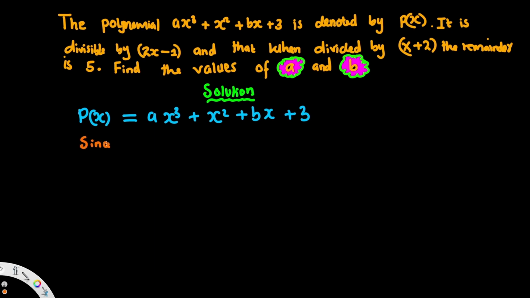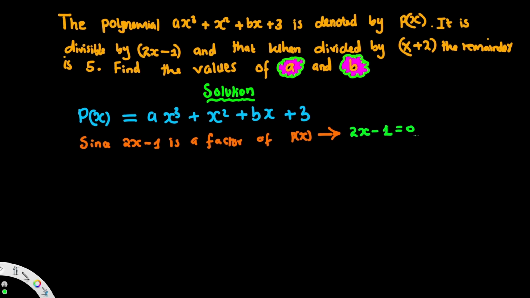So the first thing that we're going to do here, since 2x minus 1 is a factor, we are going to substitute that in p(x), but we must now find the value of x from the factor. So 2x minus 1 should be equal to 0 so that we can solve this equation and find the value of x in that place.